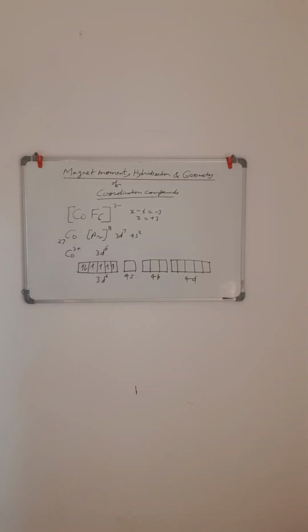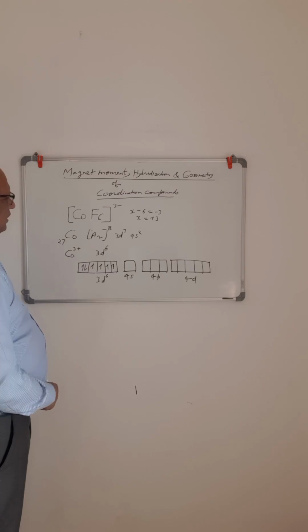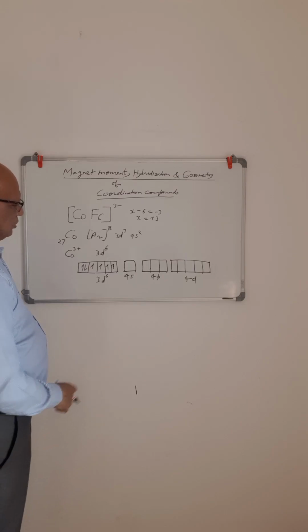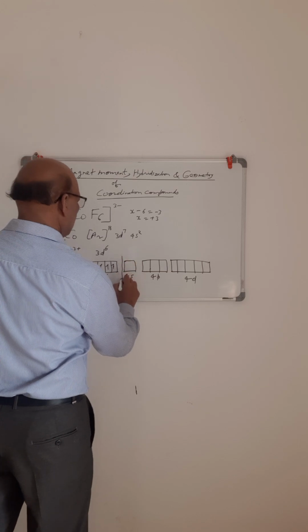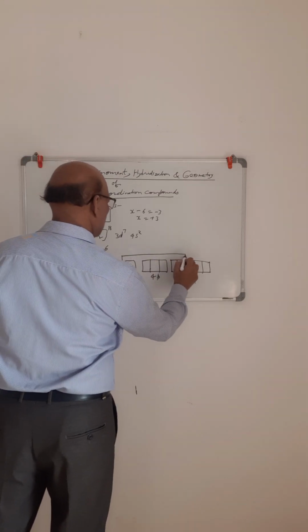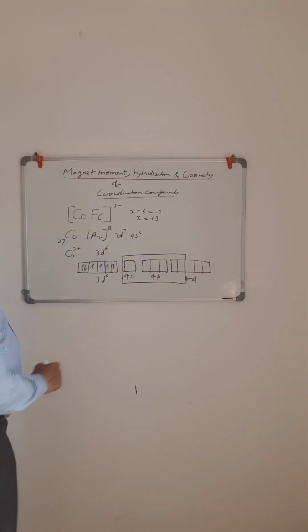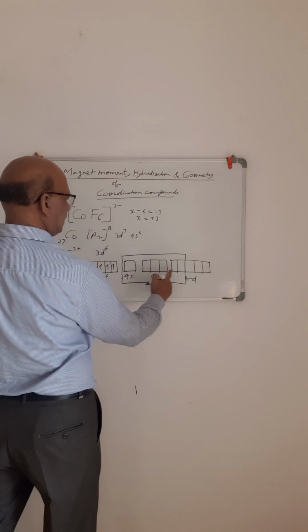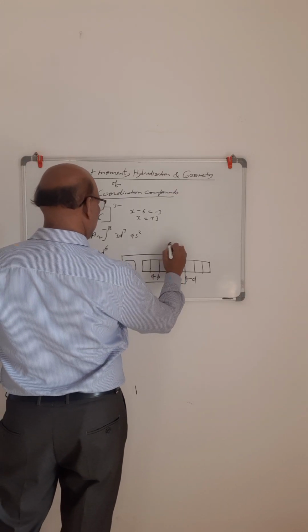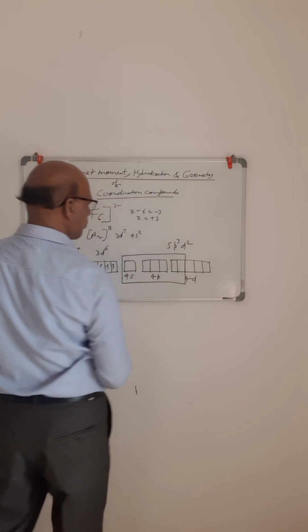Okay, now for making 6 coordinate bonds, we need 6 hybrid orbitals which are empty. So 1, 2, 3, 4, 5, 6. So this hybridization will take place, that is 1 s, 3 p and 2 d orbitals will get hybridized, and the hybridization will be called sp3d2.